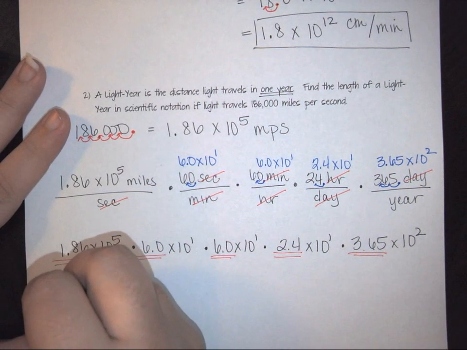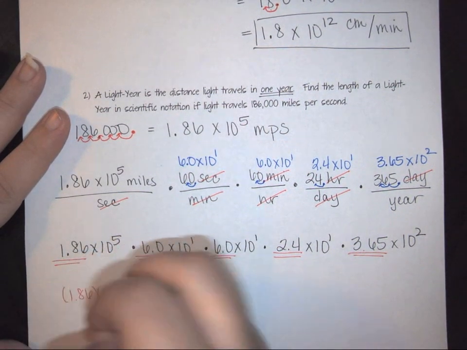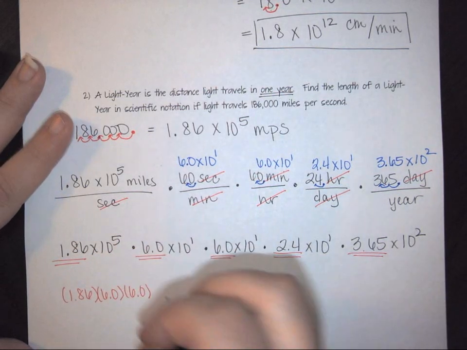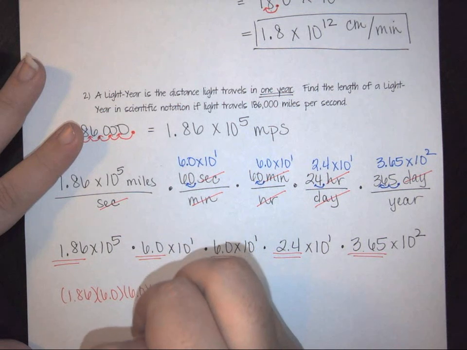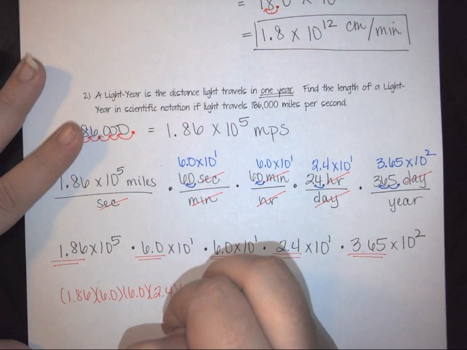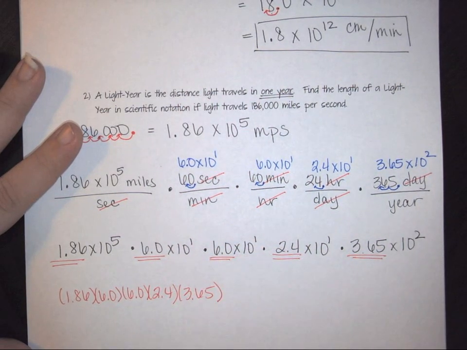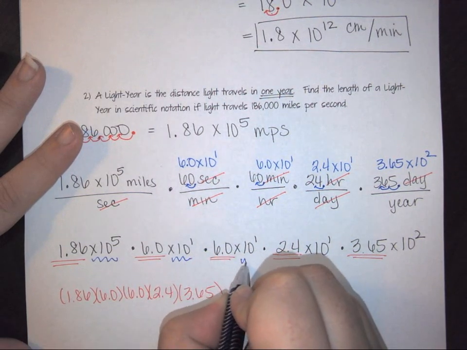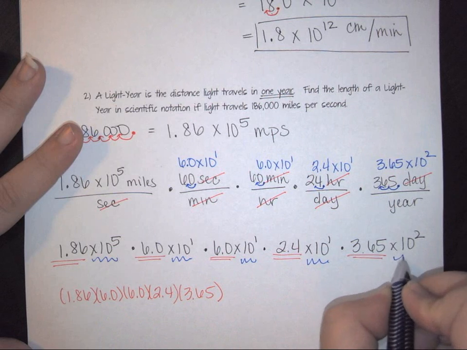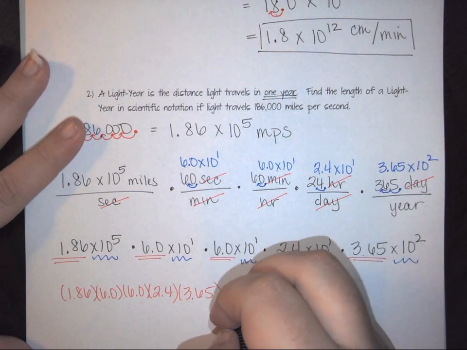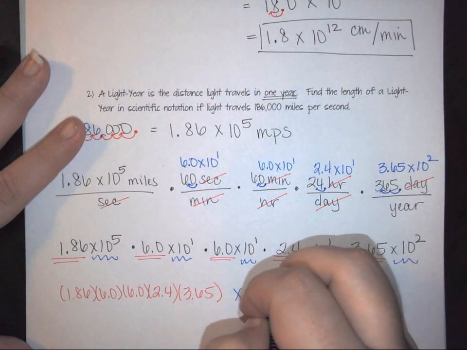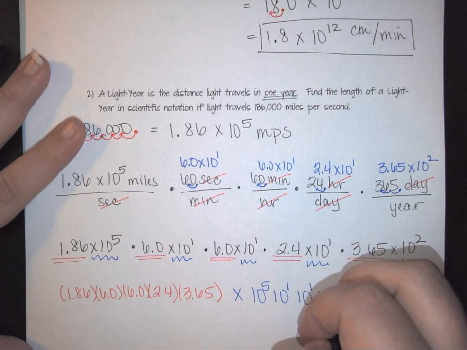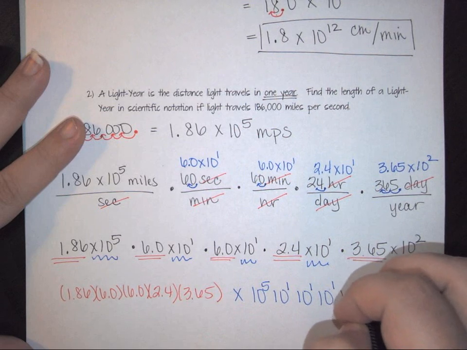So this becomes 1.86 times 6.0 times 6.0 times 2.4 times 3.65. And then we have all of these powers of 10, which is my scientific notation. So this is times 10 to the 5th, 10 to the 1st, 10 to the 1st, 10 to the 1st, and 10 to the 2nd.